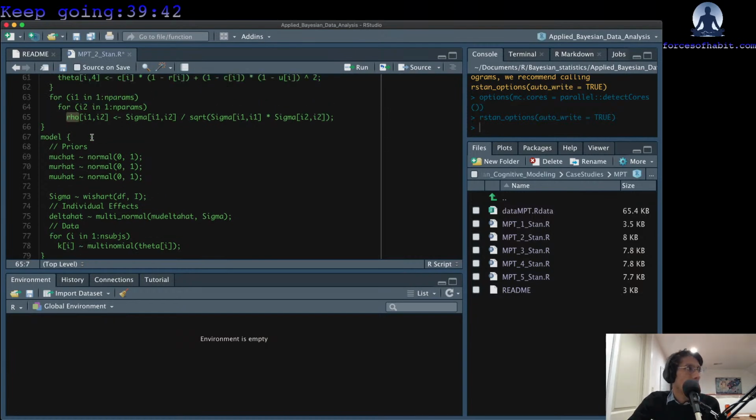Okay, now we're at the model stage. So model, this is our likelihood. We specified both the likelihood and the priors in this block.